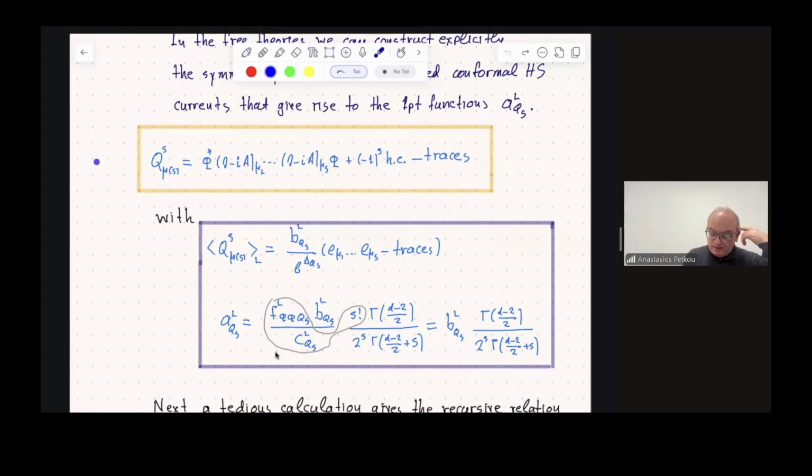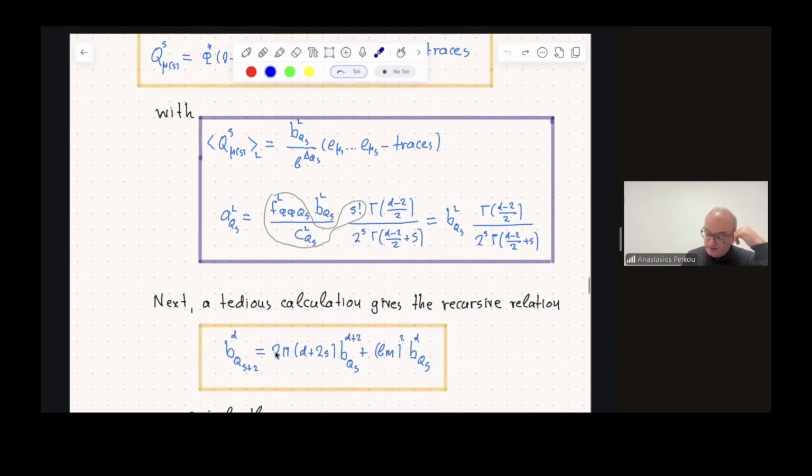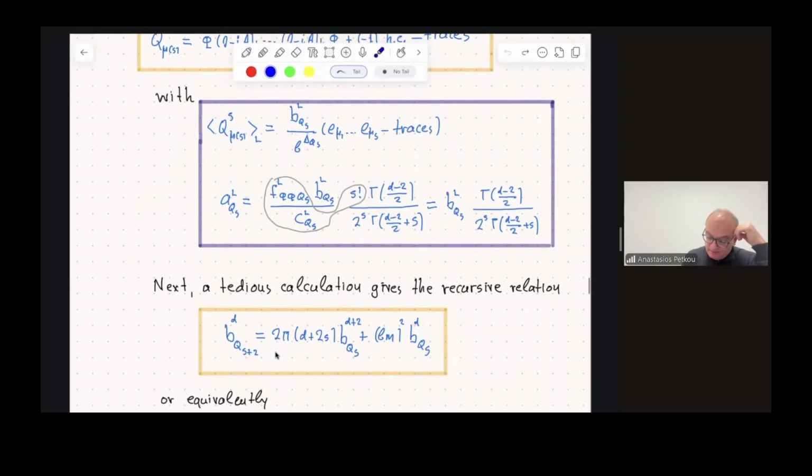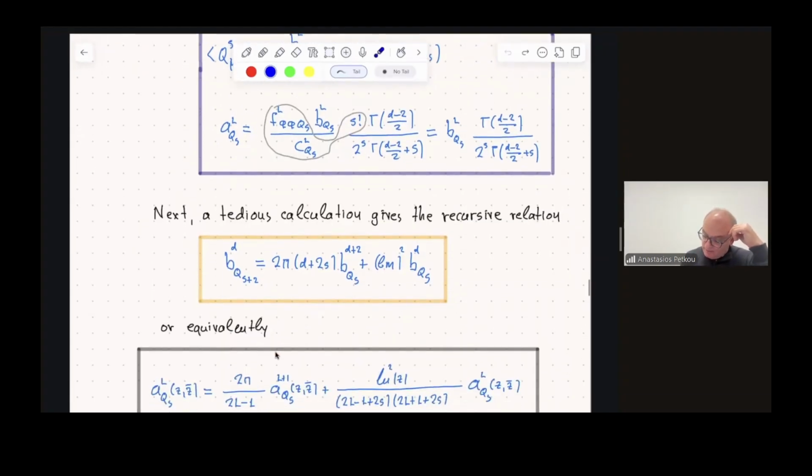I can construct an operator which is a symmetric conserved traces higher spin explicitly. I subtract the traces here. This is the Hermitian conjugate. And this guy will get an expectation value. And it's the usual expectation value. And this B one-point function is related to this A by a usual thing. We had to work this out.